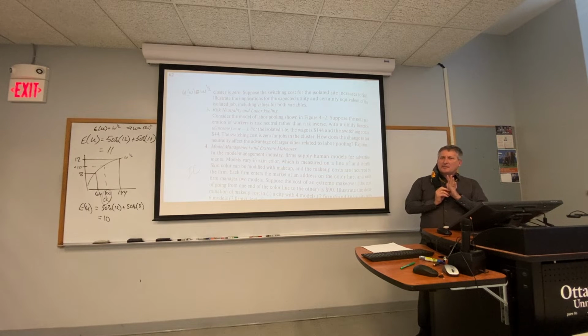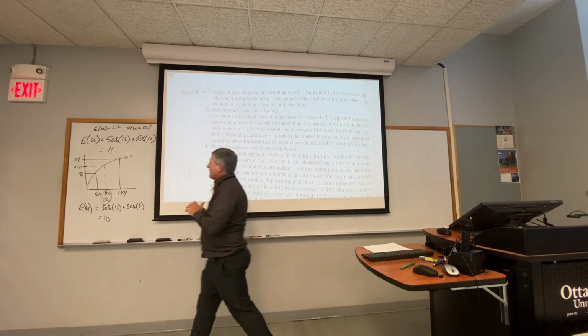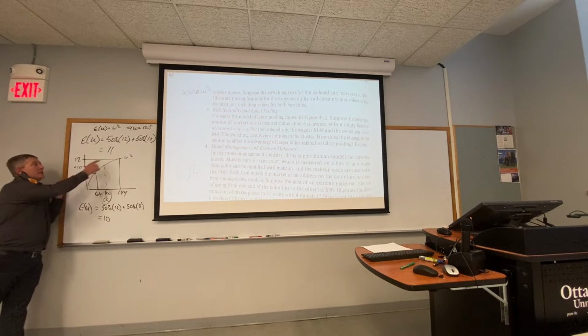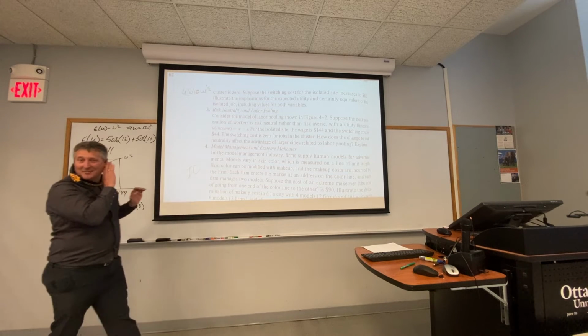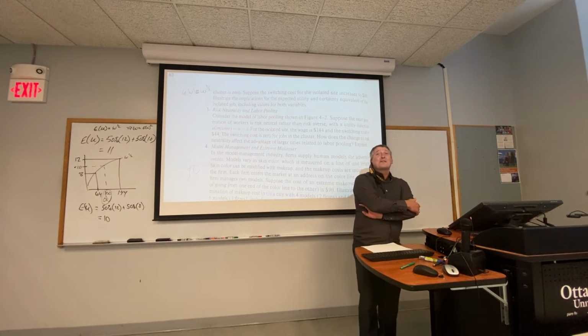Let's see, I was gonna say something before, what was I starting to say? I don't like something. Oh, yeah. The thing I didn't like about this was that, in reality, this is for a risk neutral person. And most people are risk averse, right?